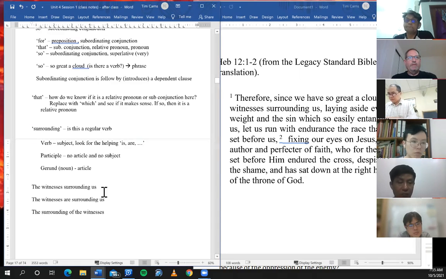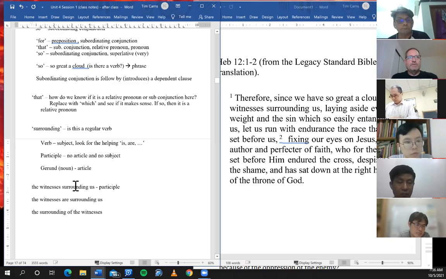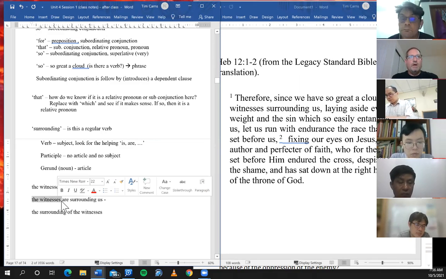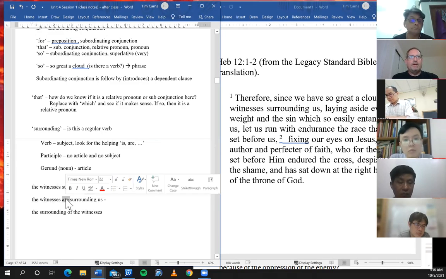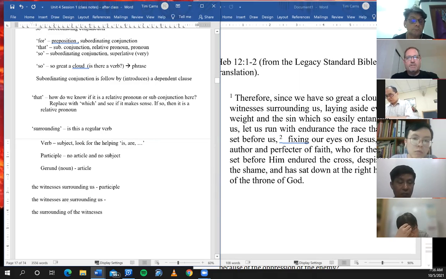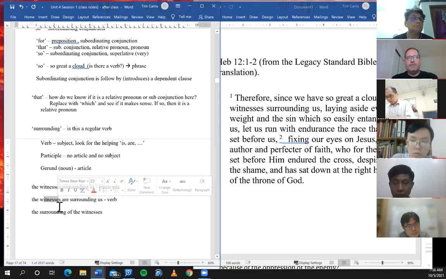Now, the witnesses surrounding us, I'm saying here it's a participle, because the witnesses are not doing the action, and they're not the subject here. Now, in the second example, the witnesses are surrounding us. Notice that additional helping verb are. This is acting like a verb, because the witnesses now are the ones doing something.